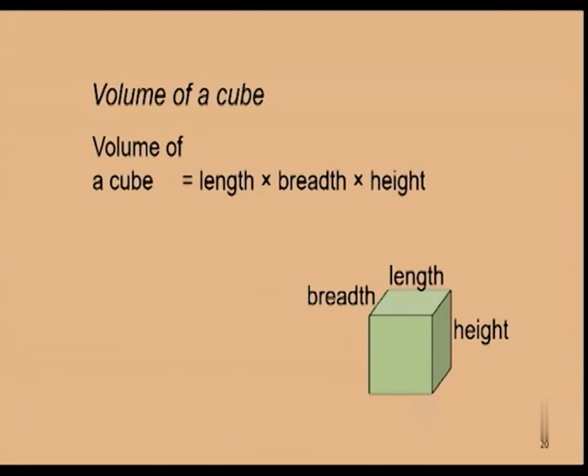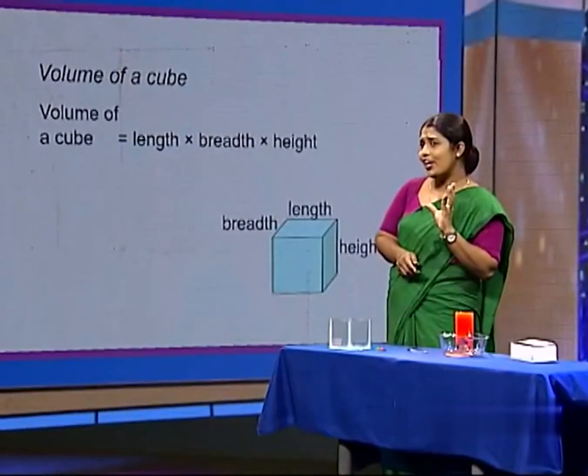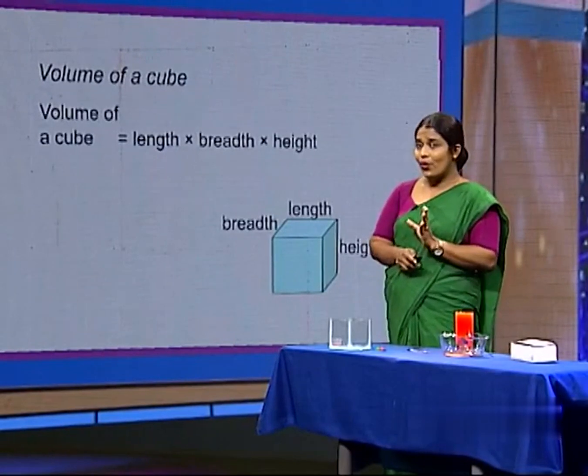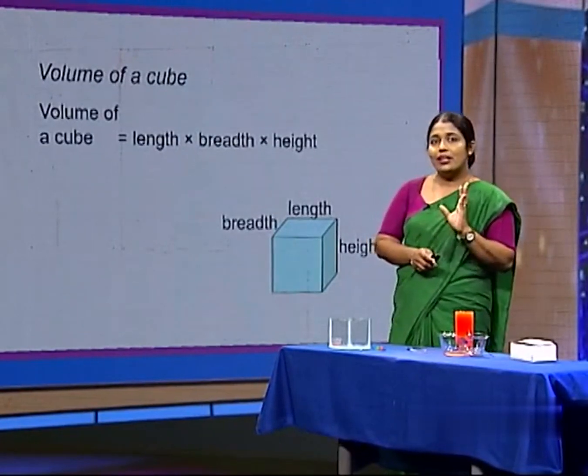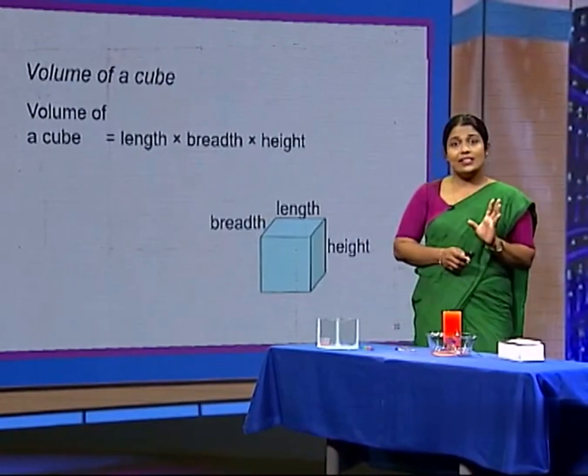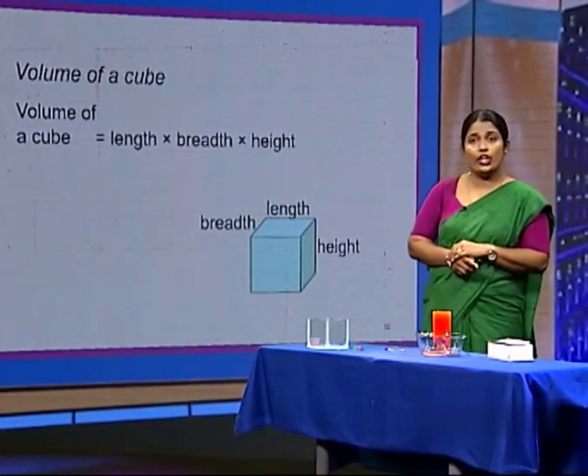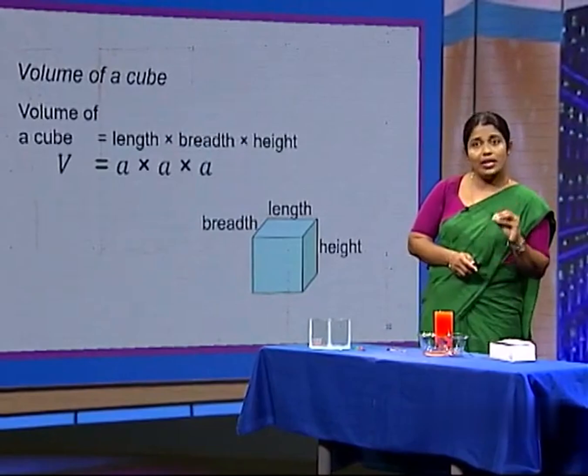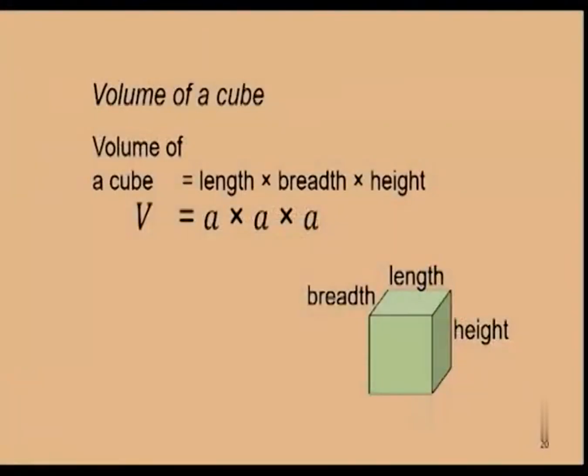But wait a minute, all the sides are equal in a cube. So, you can use simply A as the side length of this cube. So, V equals A times A times A. This is the expanded form. You can express this formula in index form also.